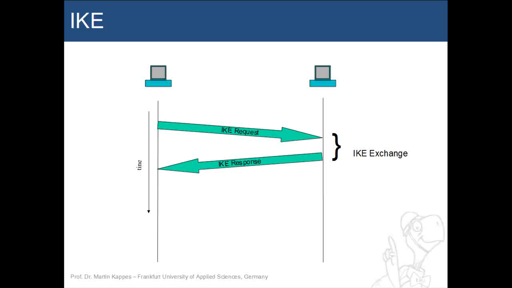This also includes the generation of cryptographic keys and the negotiation of the respective cipher suites which are necessary. The protocol is very, very simply specified. There always is an Internet Key Exchange request, which is answered by an Internet Key Exchange response, and all in all a request with the following response is called an Internet Key Exchange.